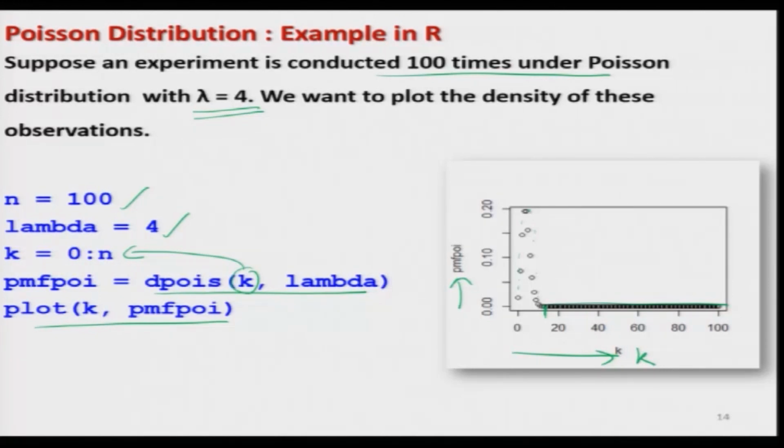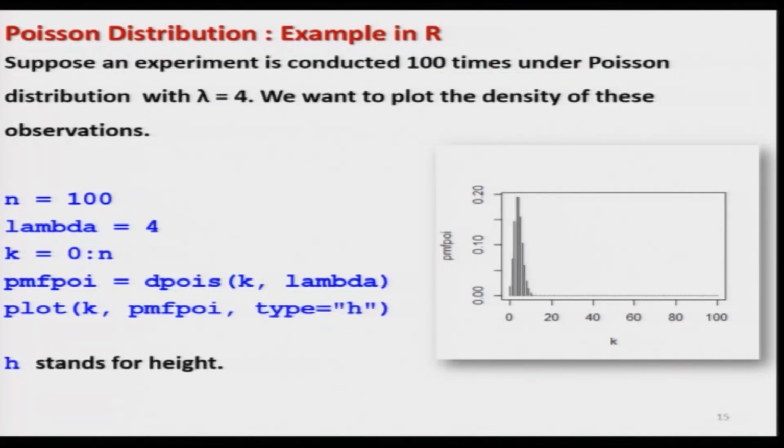So this is how you can extract some information about the process using this simple command from R. And if you want to create such a plot using high density lines, you simply change the command and add type equal to h, and you will get this type of plot.